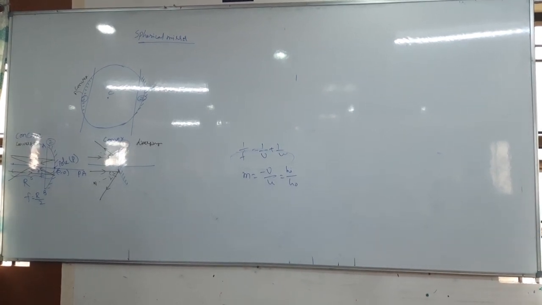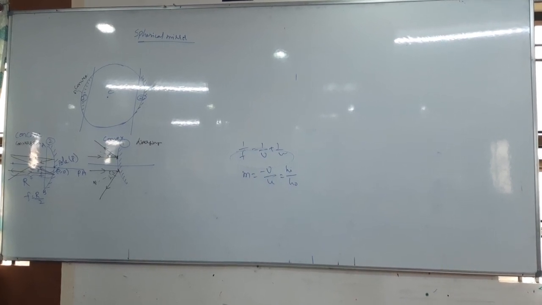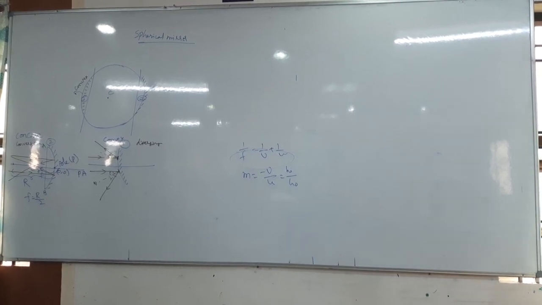Next, center of curvature, capital C: center point of the whole glass sphere.